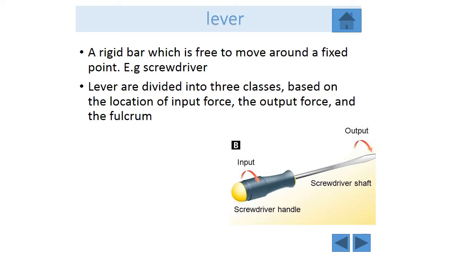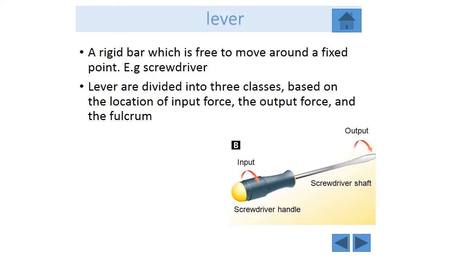A lever is a rigid bar which is free to move around a fixed point, e.g. a screwdriver. A lever has three parts, which are the input force, the output force, and the fulcrum.